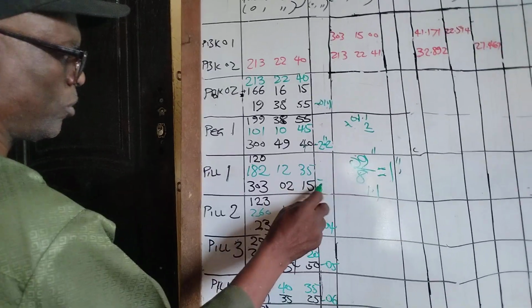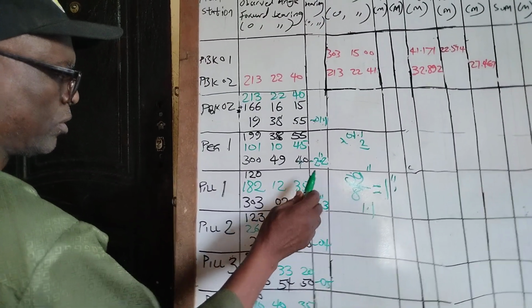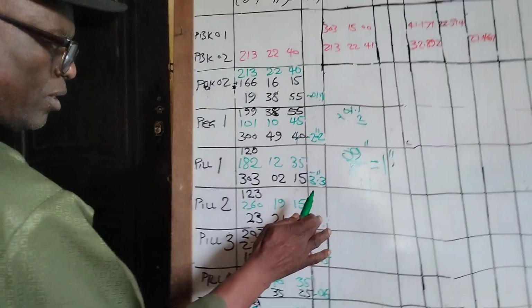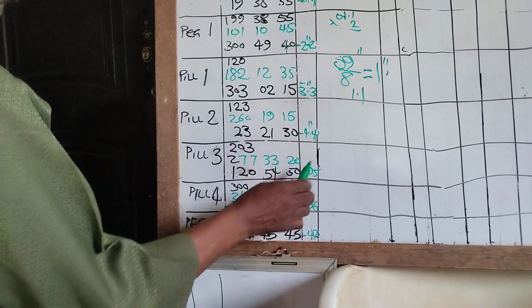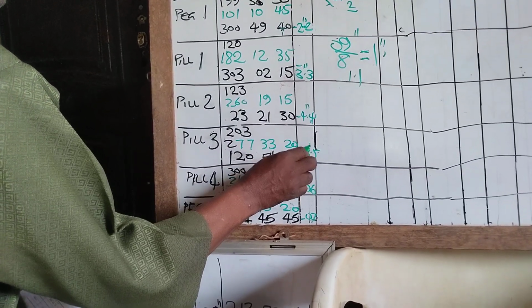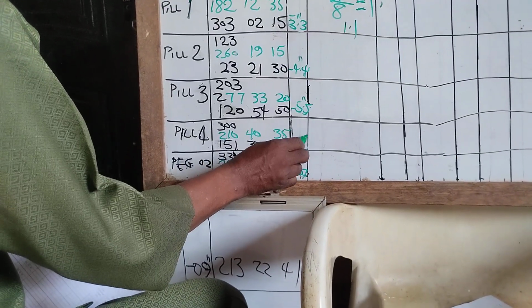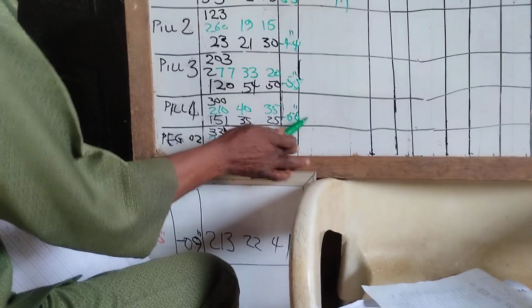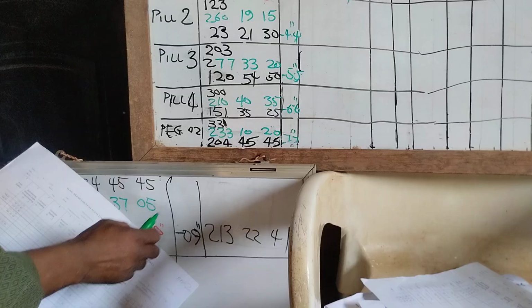Then minus 3 will give you what? Minus 3.3 seconds. Am I correct? This one will give you minus 4.4 seconds. This gives you minus 5.5 seconds. And this gives you minus 6.6 seconds. This gives you minus 7.7 seconds.